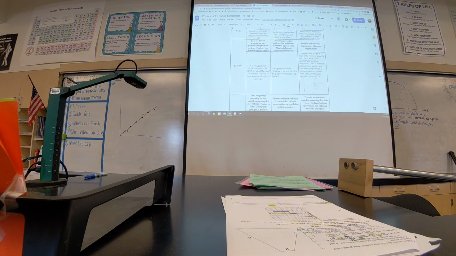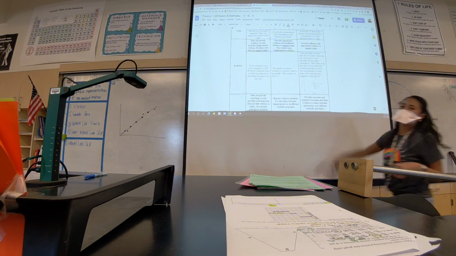Evidence needs to be either data you collected, something you observed, or anything that happened within your lab. Do not pull any information from your textbook. Do not pull in any information that you looked up on the internet. It has to be something that you collected or you observed within the lab itself.